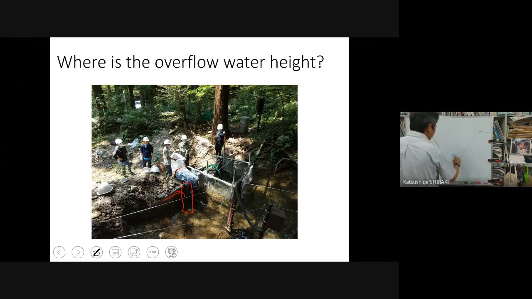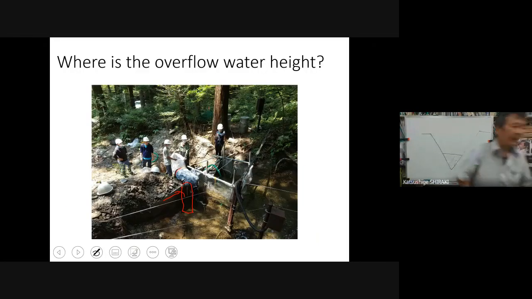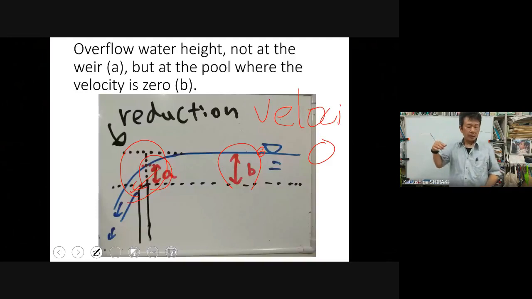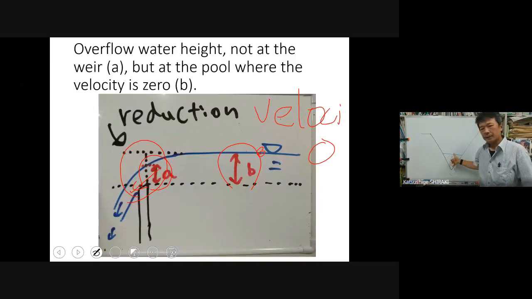You think the water is running at the V triangle, so it is easy to measure the water height here, but it is not good because the water is shrinking like this, a reduction of the water.